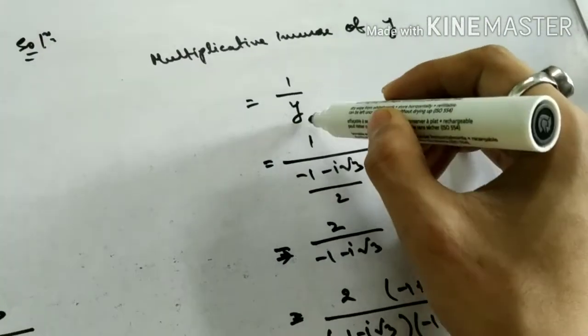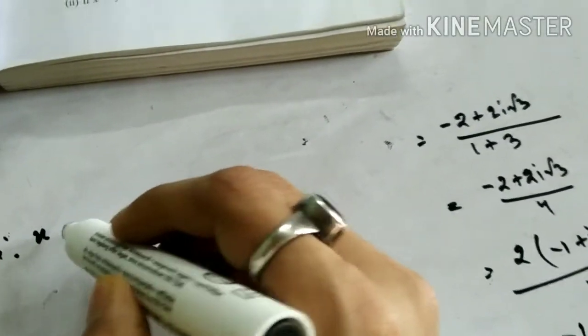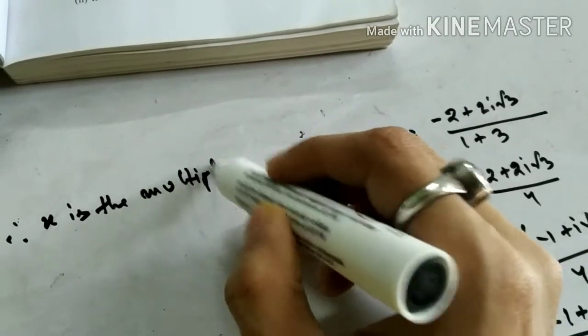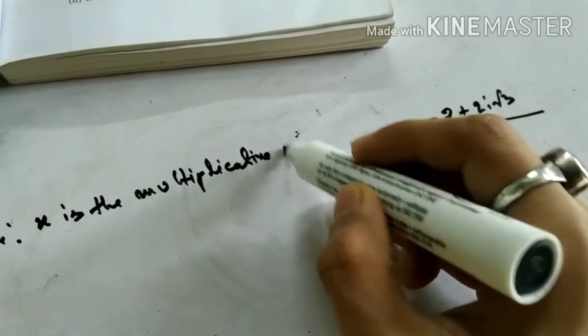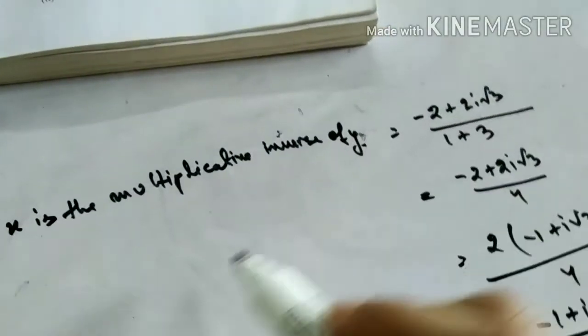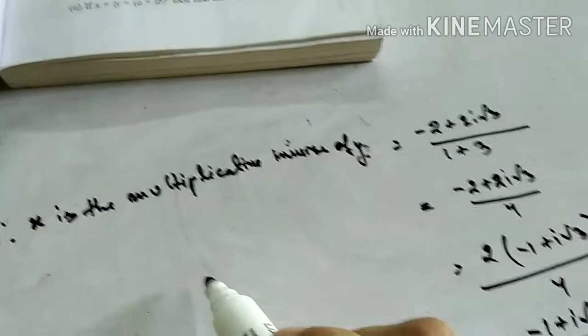You see, I got 1 by y is equal to x. So therefore I can say that x is the multiplicative inverse of y.